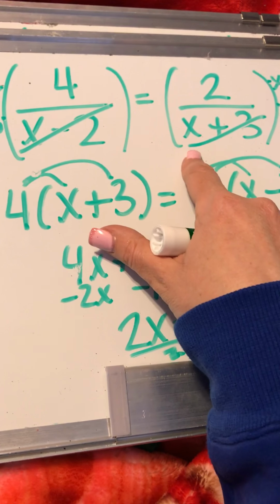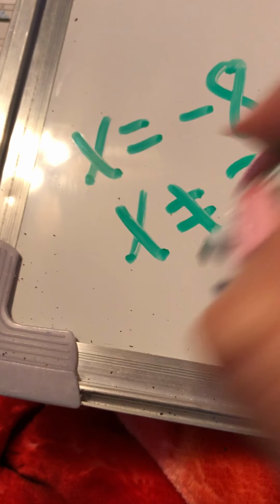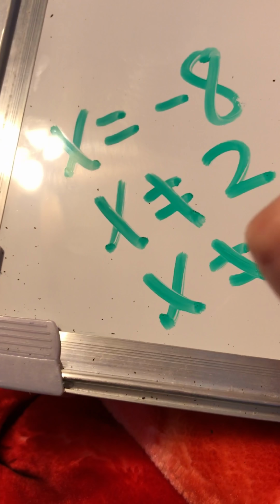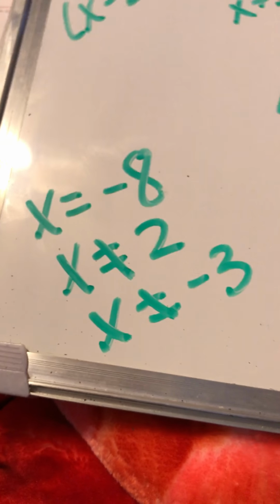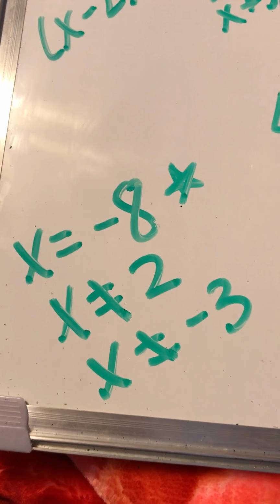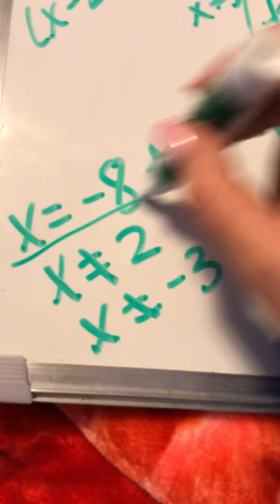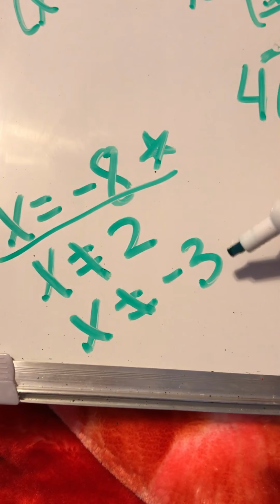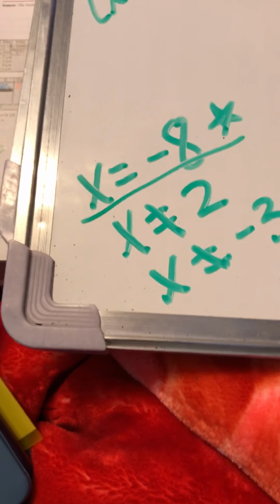And on this side, if x was negative 3. So x cannot equal 2, and x cannot equal negative 3. So our solution is x equals negative 8. Our excluded values, we know that x cannot equal 2, x cannot equal negative 3.